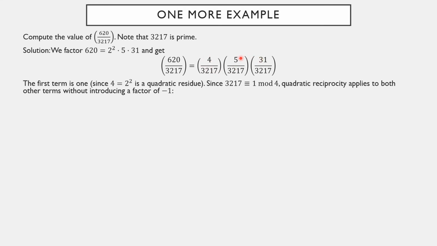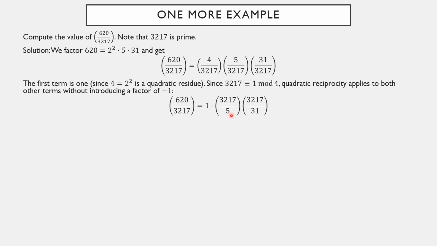Now, here I have odd primes that are different from one another, so I can apply quadratic reciprocity to each of these terms. Since this prime is equivalent to 1 mod 4, both of them are going to just be flipped for free. So this is definitely a quadratic residue, so I get a 1. Quadratic reciprocity allows me to flip this and allows me to flip this. Since each of them had a prime that was 1 mod 4, I don't have to introduce extra -1s.